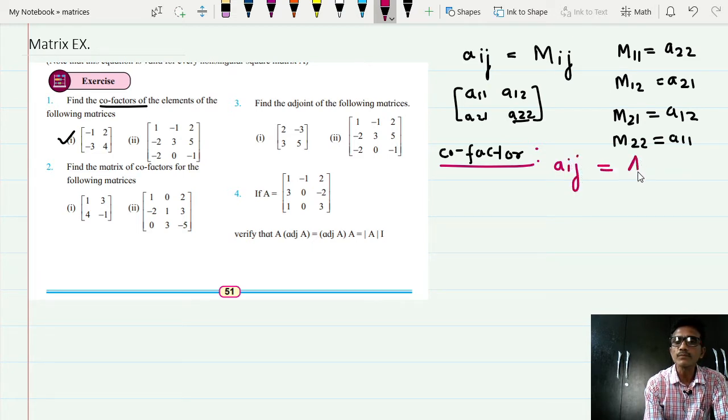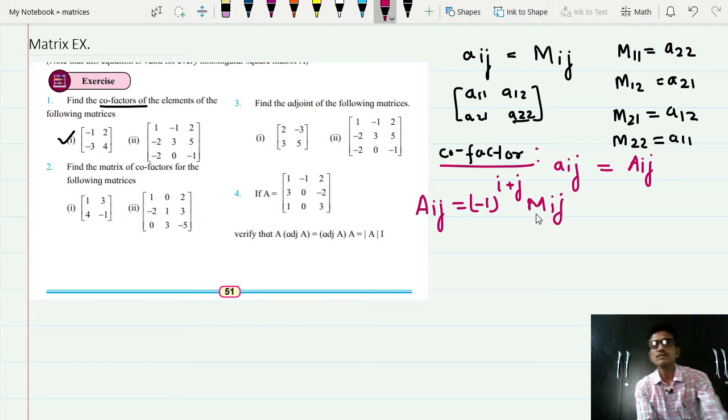Cofactor of the element aij we denote by capital Aij, and it is given by, see here, Aij is equal to minus 1 raised to power i plus j into Mij. That means whatever the value of this minor is, we get minus 1 raised to power i plus j into Mij. That is the cofactor Aij, which is the cofactor of element aij.